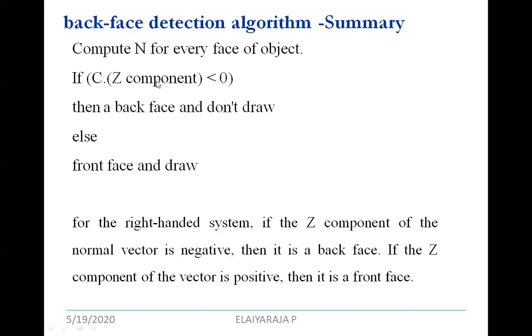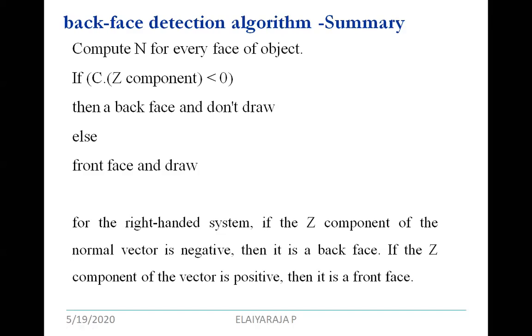Z component of the normal vector means what? If you take any plane, any polygon, suppose a triangle with x, y, z values 1, 2, 3, when you calculate the normal vector value, what is that? N divided by magnitude of N. If that particular vector value is positive, then it is back face in clockwise.